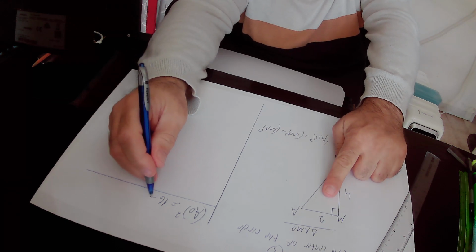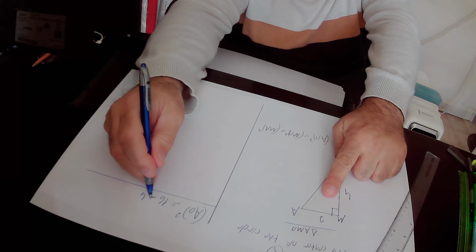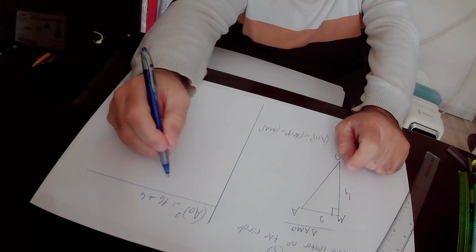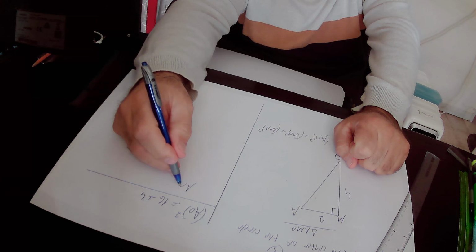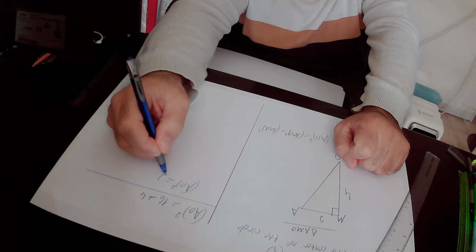AM is 2, therefore AM squared is 2 squared, that is 4. In conclusion, we found out that AO squared equals 16 plus 4, which is 20.